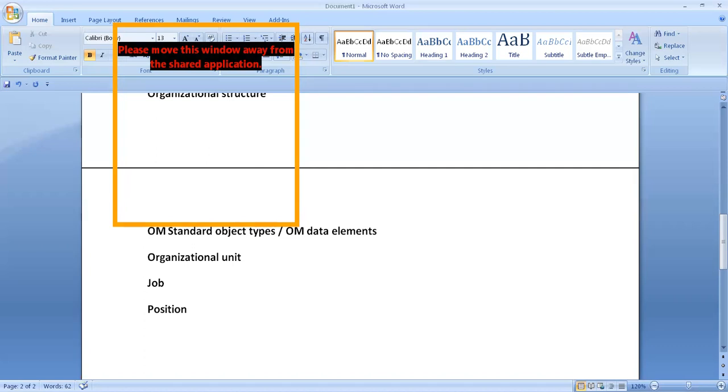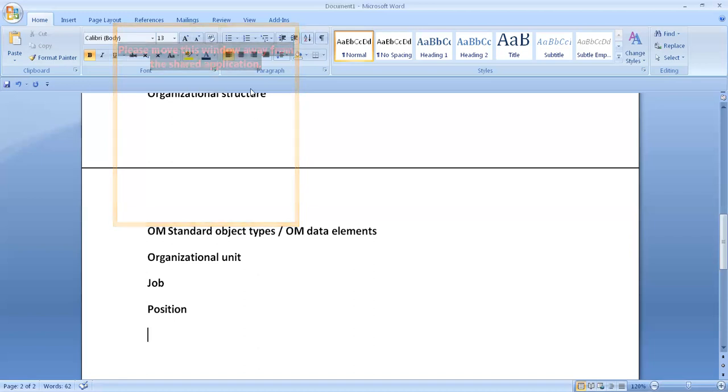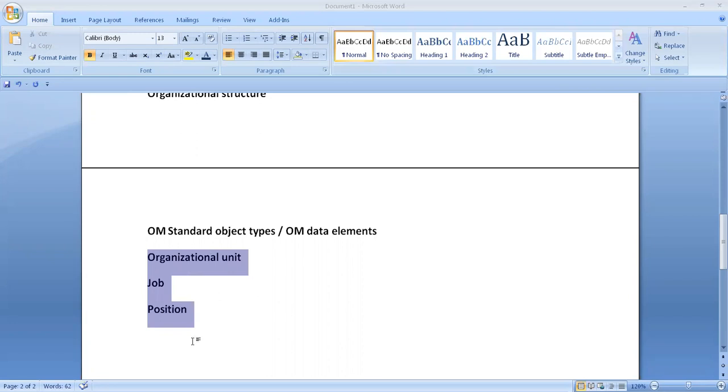I'm listing out some of the object types that are maintained: organizational units, job, position. These are the objects I'm maintaining. So these are some of the object types that I'm noting down.